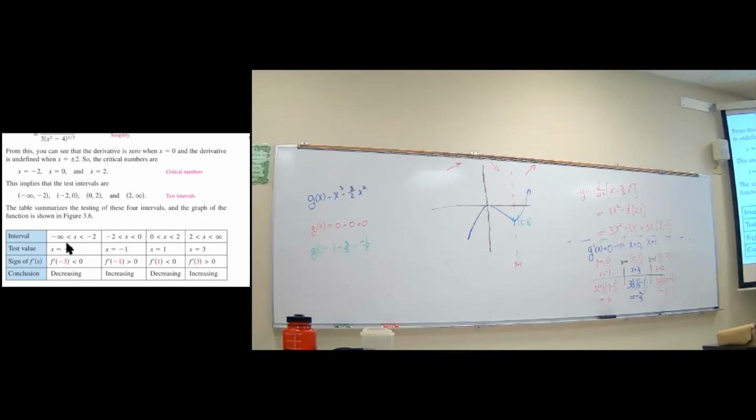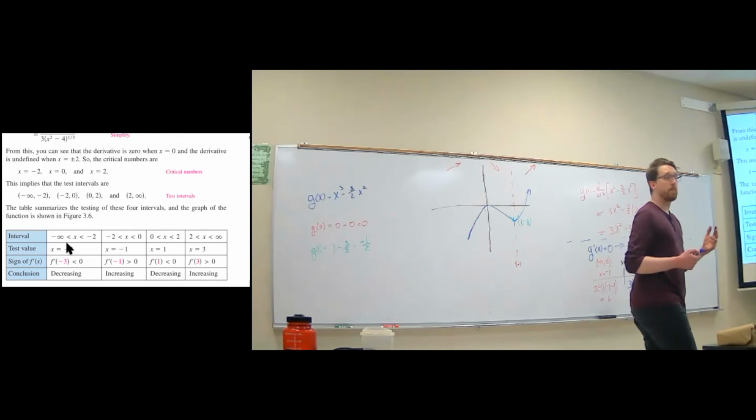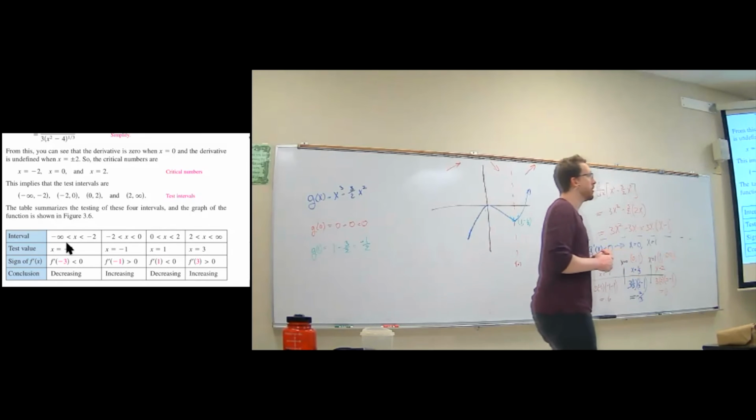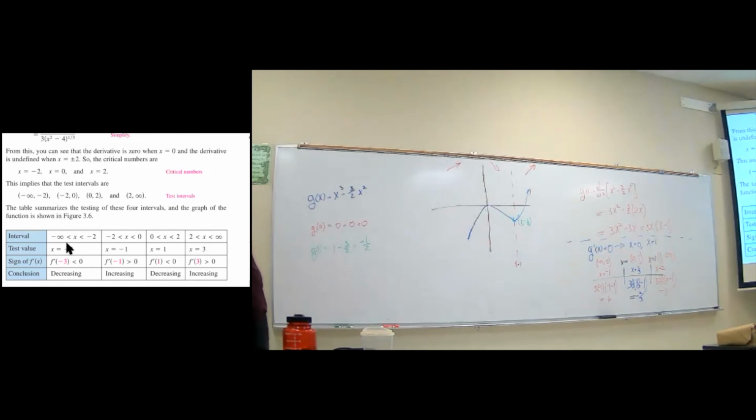In the interval from 0 to 2, let's use x equal to 1. Our derivative at 1 is less than 0, so our function must be decreasing in that interval. And finally, in the last interval from 2 to infinity, let's use x equal to 3. Our derivative is going to be greater than 0, so our function must be increasing. So decreasing, increasing, decreasing, increasing.